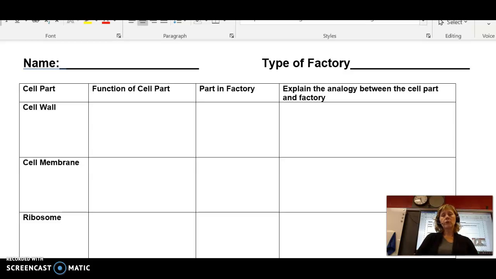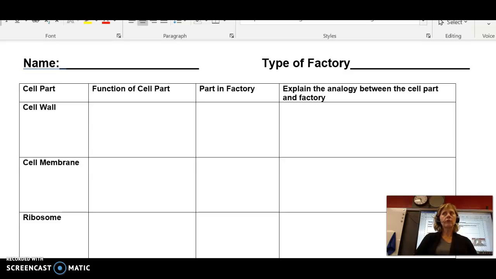If you move through this and you get stuck on a couple, and you're like, gosh, I'm on chloroplast and I just have no idea what to do, shoot me an email. Ask your friends first. Say, hey, what did you do? Or shoot me an email if you're really struggling. You are not allowed to do the same factory as your friend.